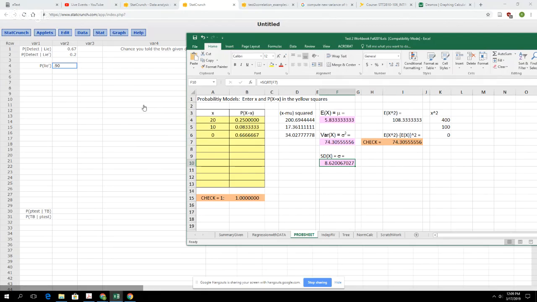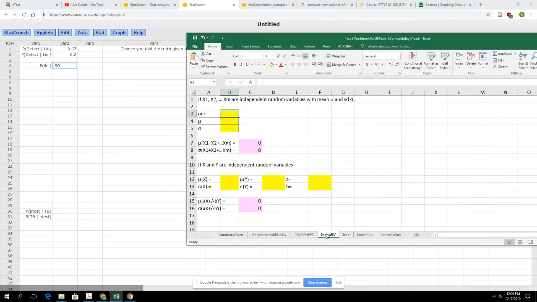What if I had a random variable x, for example, with a certain standard deviation, and a random variable y, right? If your list of random variables all have the same mean and standard deviation, then you can just say how many of them there are, the mean and the standard deviation, and it'll just add up that many of them.